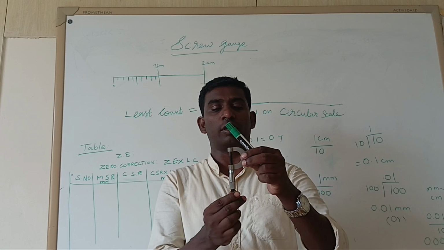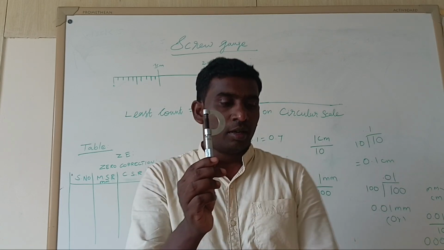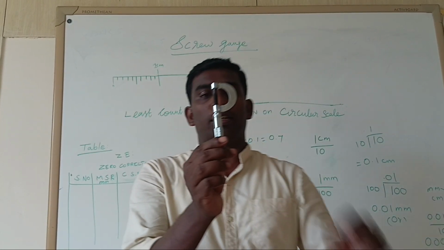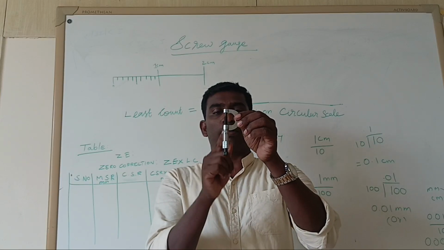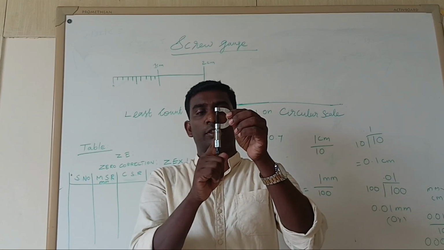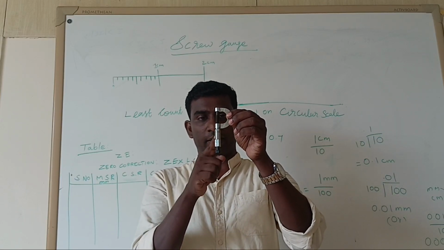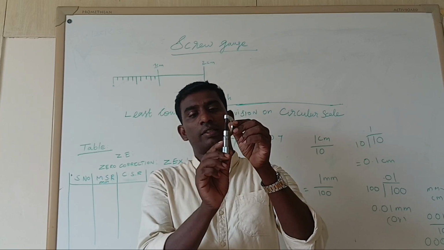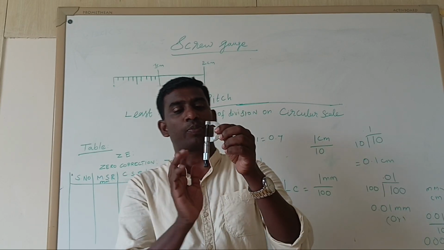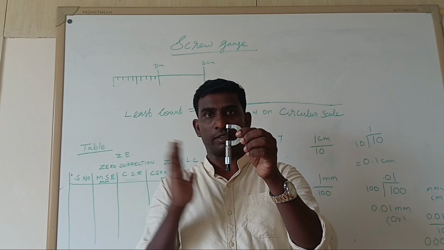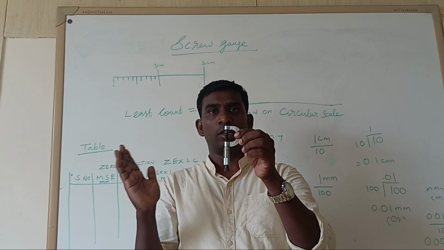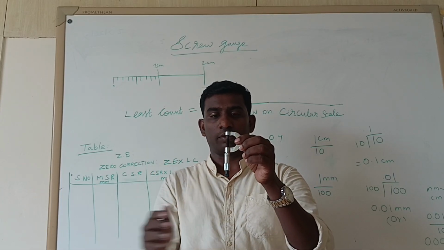That is why you put this screw gauge vertically. Then you see here there is a 0 on the main scale, there is a pitch scale 0, there is one line, and the head scale 0 is on my right side. So there is a positive error.